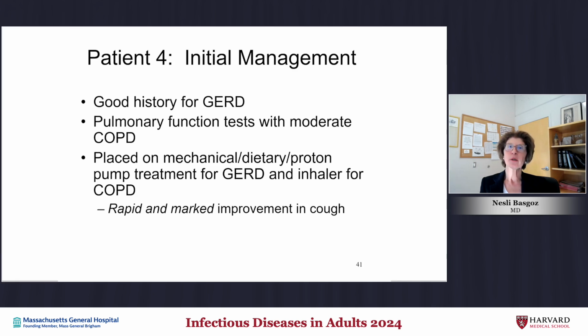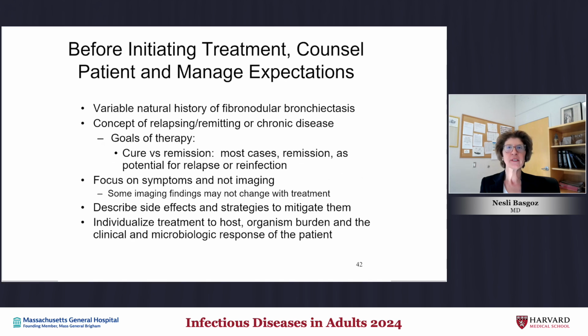She did progress to needing treatment, and before you initiate treatment, we do counsel patients and manage expectations, as you see here. The first is the natural history of this disease can vary. It is a relapsing or remitting or even chronic disease where the goals of therapy are really more remission rather than cure.